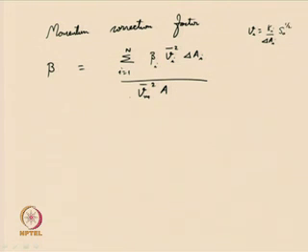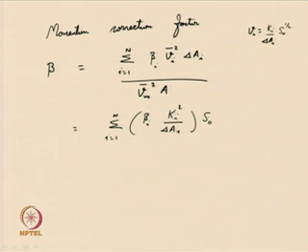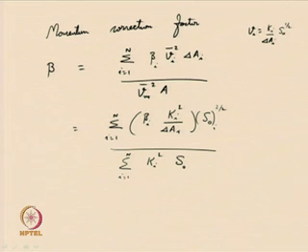You substitute this here, and you will get the following relation now: the sum from i equal to 1 to n of beta I K I squared by del A I, S naught of the ith cross section, divided by the sum of K I S naught to the half squared, by the capital total area A. So, this relation also you can keep in mind.